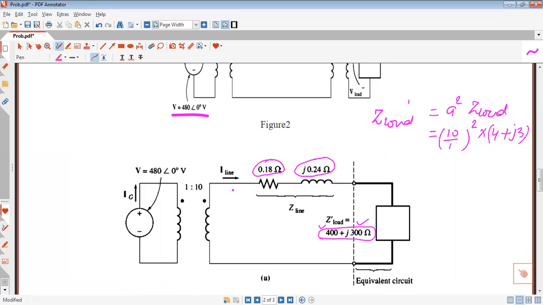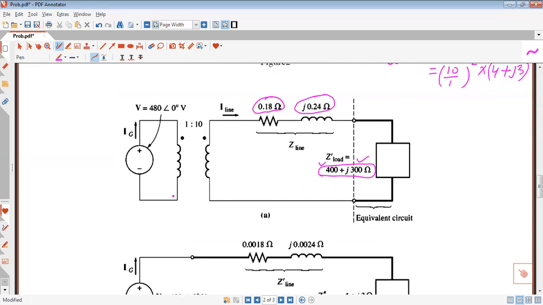So we have to transfer this whole thing again to the primary side. So now transferring all this to the primary side, let us see what will be here. This transmission resistance will be this much plus J300.24. So we have to transfer this value to the primary side, the generator side.